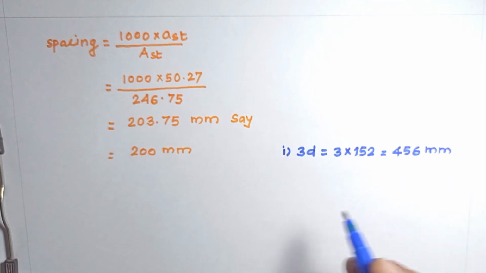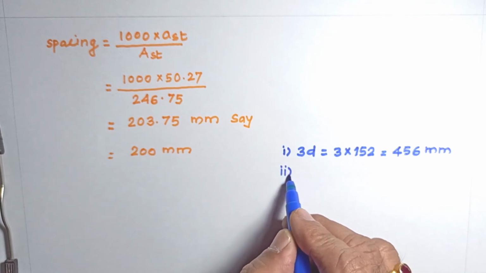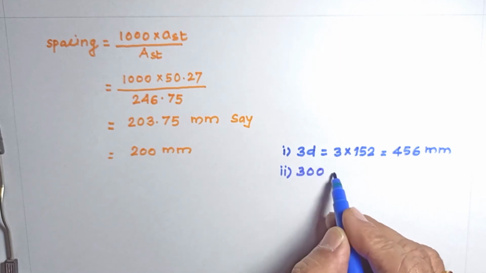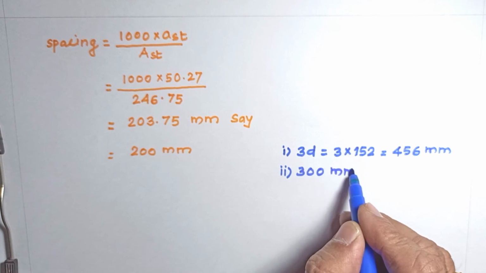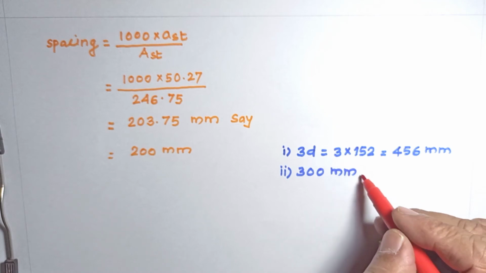And second, mind well, this is main steel, so the second one is 300 mm. Lesser of the two is 300 mm.